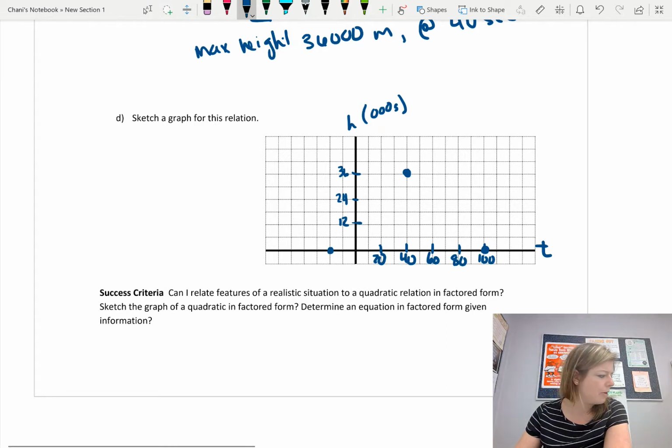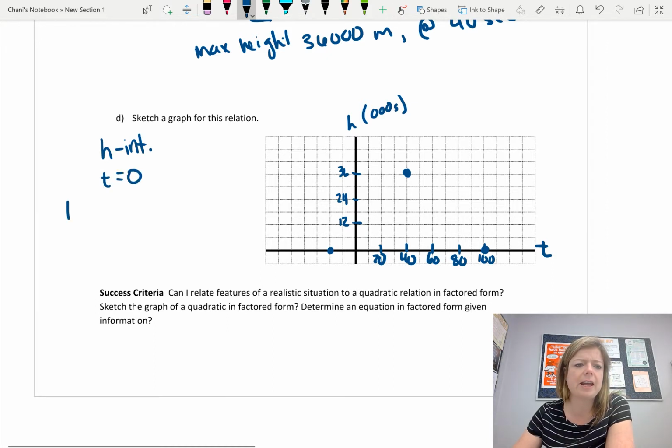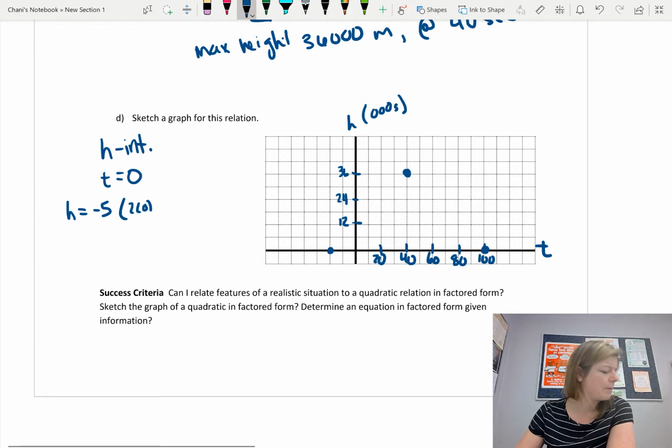All right, now to help me with this, I'm going to find the h-intercept, because these 3 coordinates aren't really enough for me to have a really good view. So I'm going to set t equal to 0 in the equation. So you get h equals negative 5, 2 times 0 plus 40, and 0 minus 100.